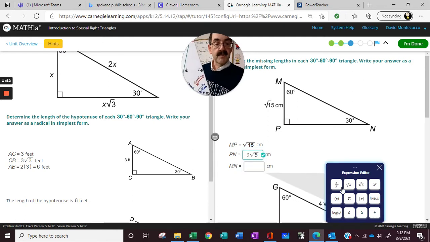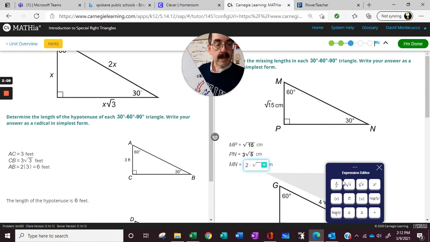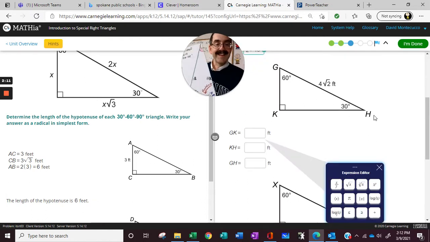Let's see if it gives us the right answer. Awesome! Okay, MN. Short side to the hypotenuse, we double it. Well, we know what that is, 2 times radical 15. Isn't that cool?